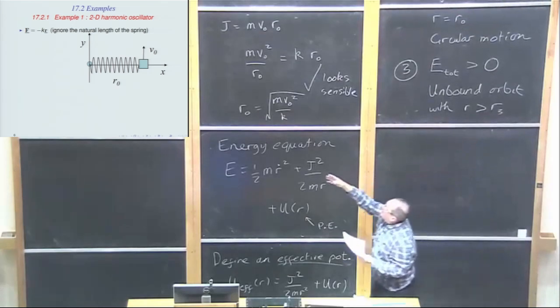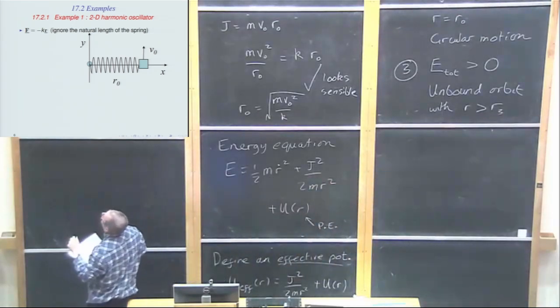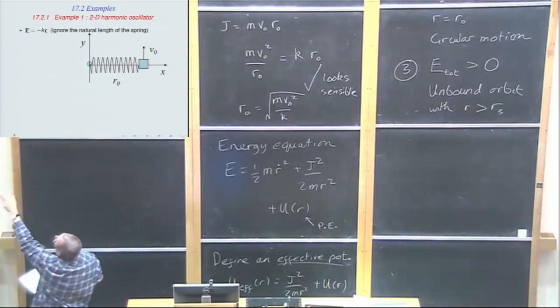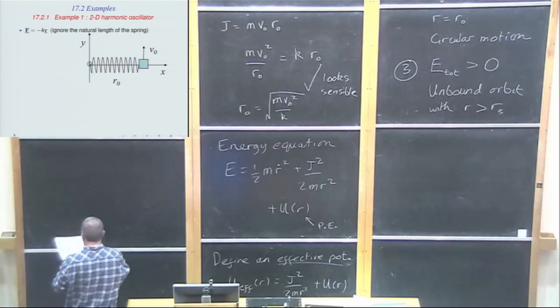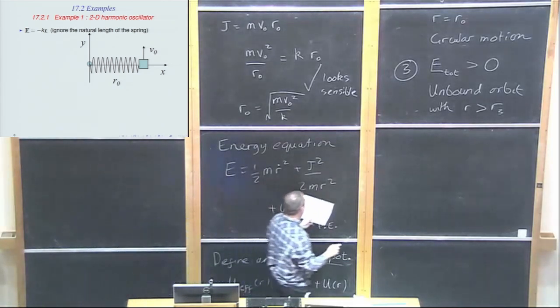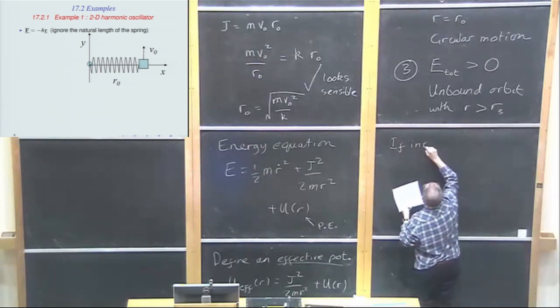As I said, this was just so we could see the wood for the trees. This initial analysis ignored the natural length of the spring. Let us actually include the natural length, just for completeness.